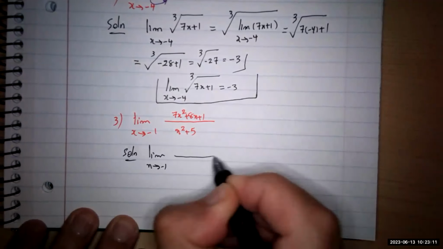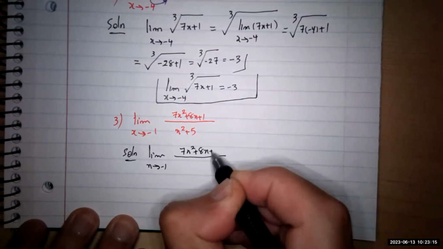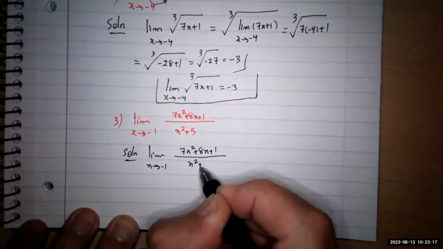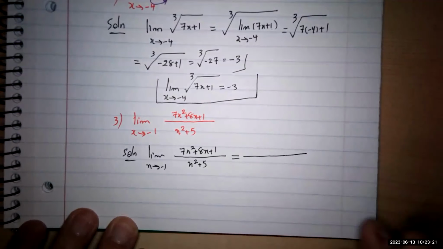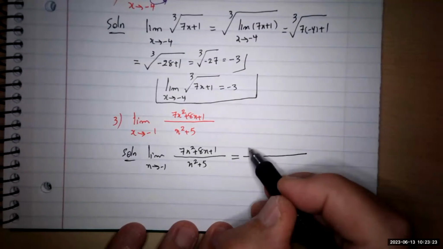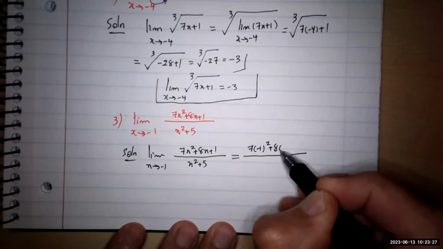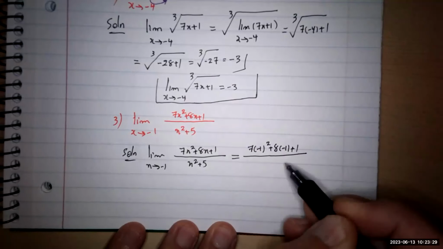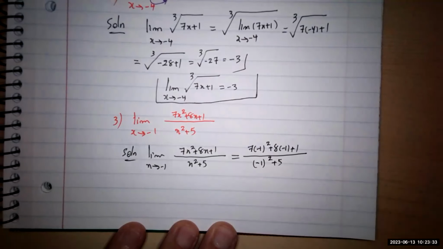So the solution is the limit as x goes to -1. I repeat it again, but you can do it right away. As long as there is an x, you have to write this limit, but when you substitute, you don't. Substitute 7 times the -1 squared plus 8 times the -1 plus 1, over -1 squared plus 5.